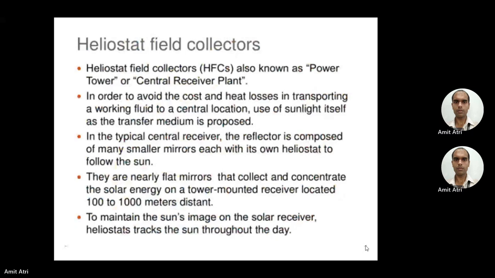So how are they working? The aim is to minimize the heat loss and to minimize the cost of transporting a working fluid to a central location, because in previous types of collectors we have seen that the fluid collecting the heat is flowing through the collector absorber, then it is coming to the storage tank. Here, what is the difference? The use of sunlight itself as a transfer medium. The sunlight itself is transferring.